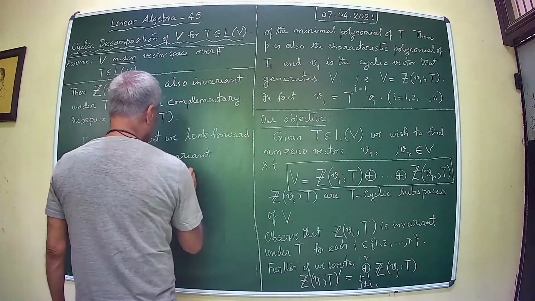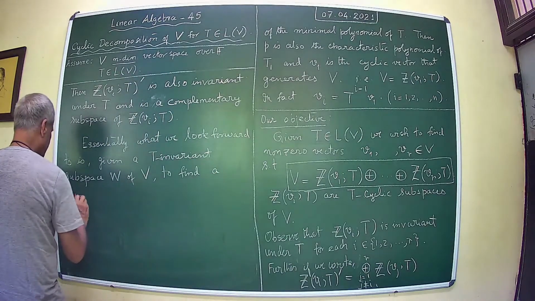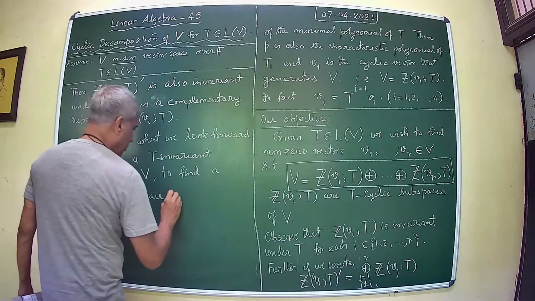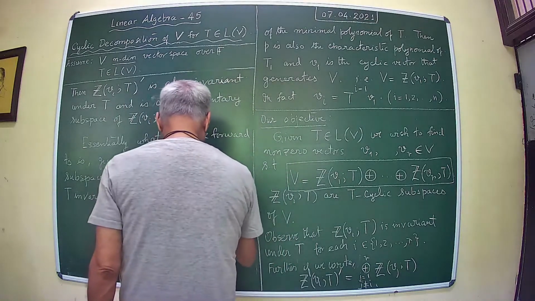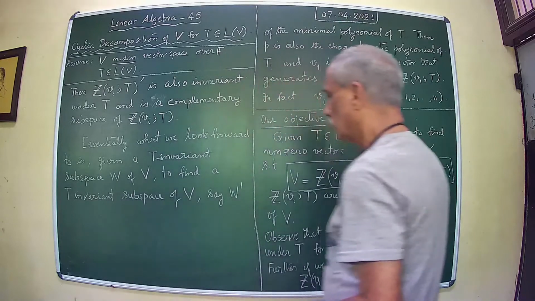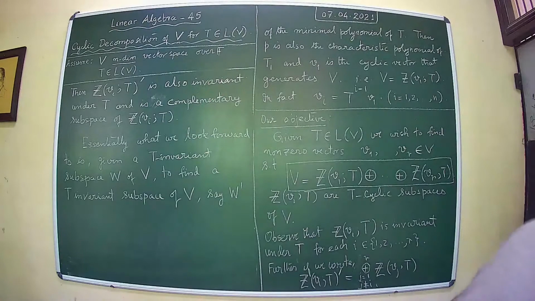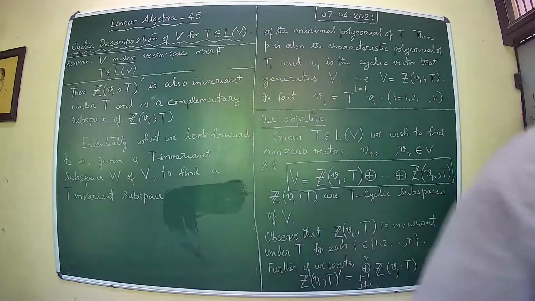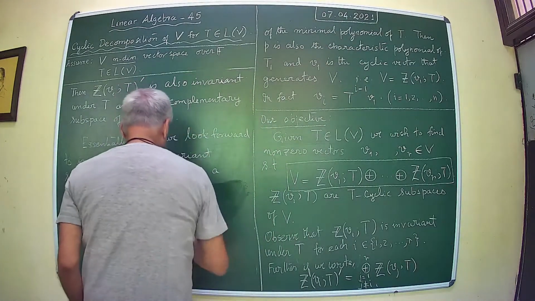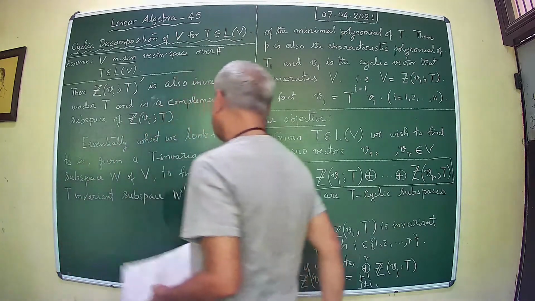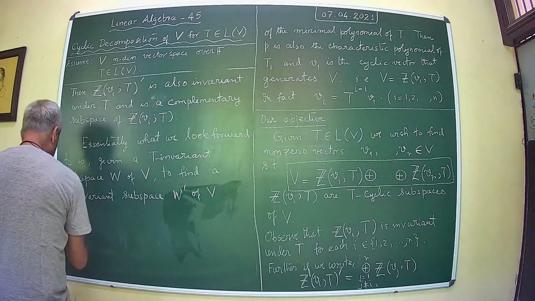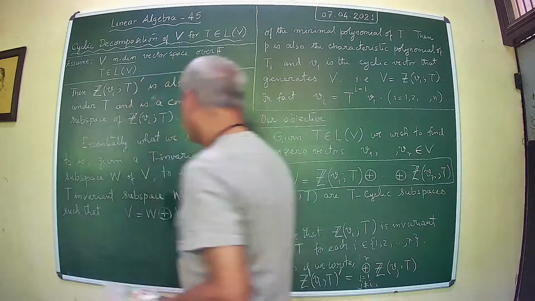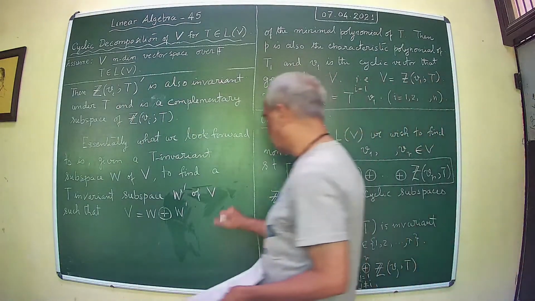to find a T-invariant subspace W prime of V such that V is the direct sum of W and W prime, where both W and W prime are invariant under T. Now this is what we are looking for.